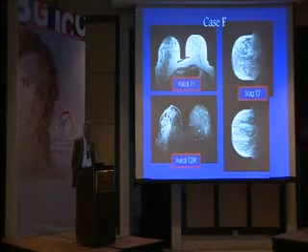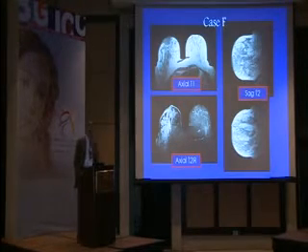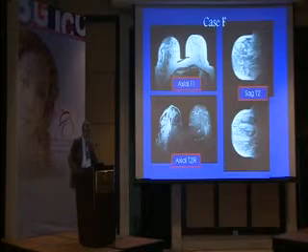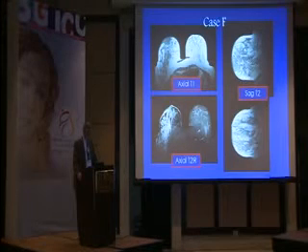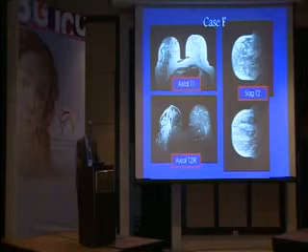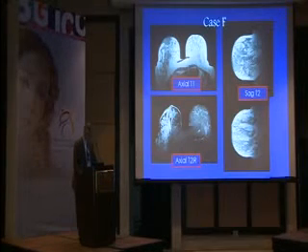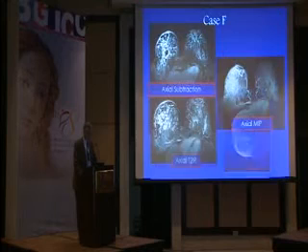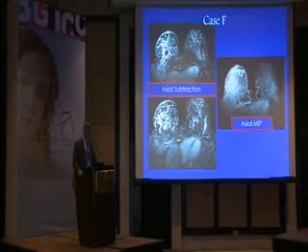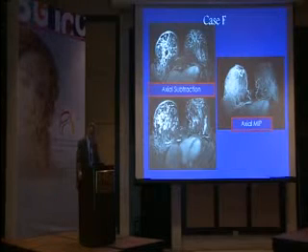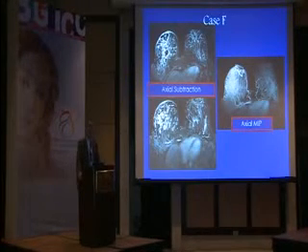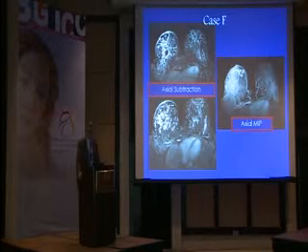As you can see here, we have the T1 and T2 and the inversion recovery, the usual. And as you can see, it's almost involving the entire right breast, or most of it. And this is the subtraction. Look at the center and some of the subtracted images and the mid image.